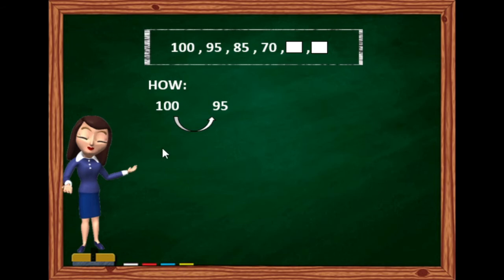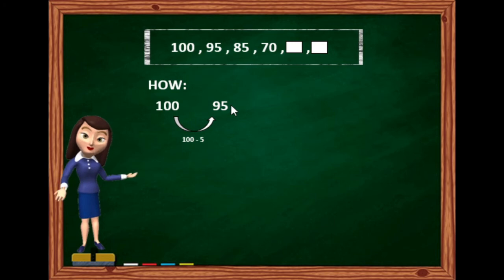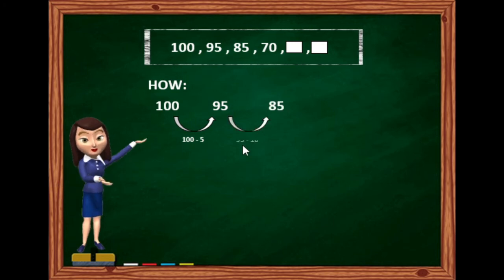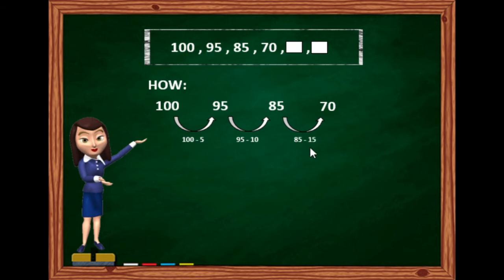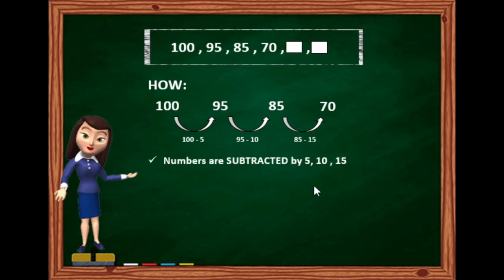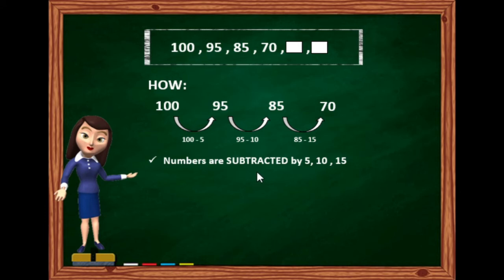It has been 100 minus 5, so we get 95. 95 to 85, it's 95 minus 10. 85 to 70, it's 85 minus 15. Numbers are subtracted by 5, 10, 15. Subtracted again means minus.